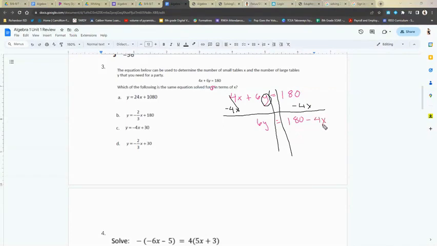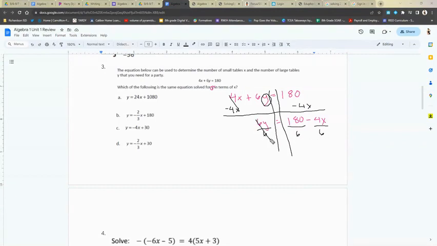Now what we need to do is get y by itself, and then we're going to divide 6 by each term on the other side. So I'm going to divide by 6 here, but I also need to divide 180 by 6 and negative 4x by 6.